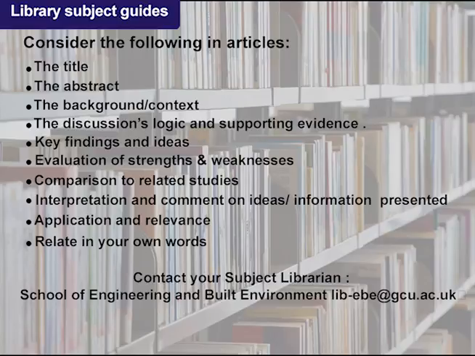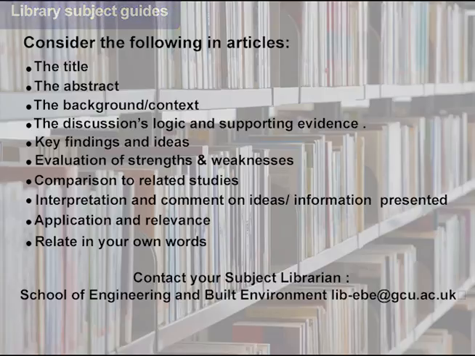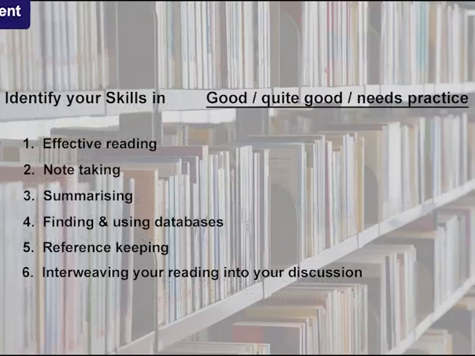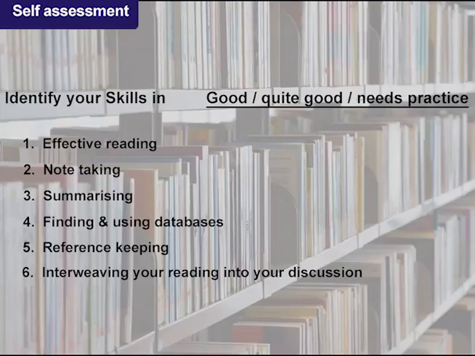If you have issues in finding material, then why not make an appointment with your subject librarian? You can contact them by emailing them on the library website. This is a self-assessment of your skills when abstracting information for finding literature.